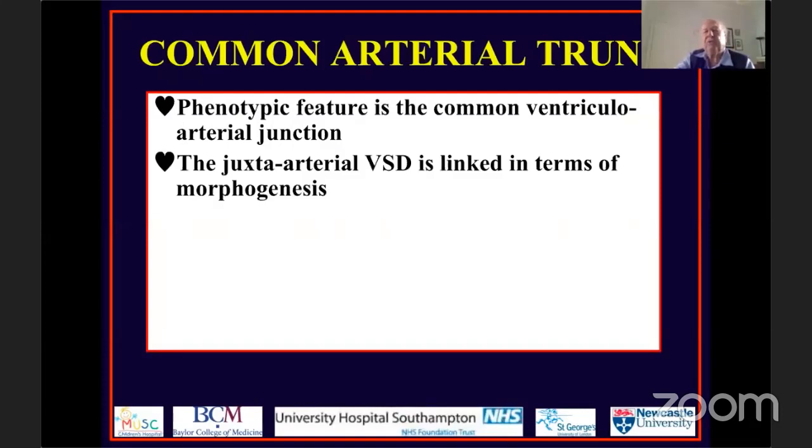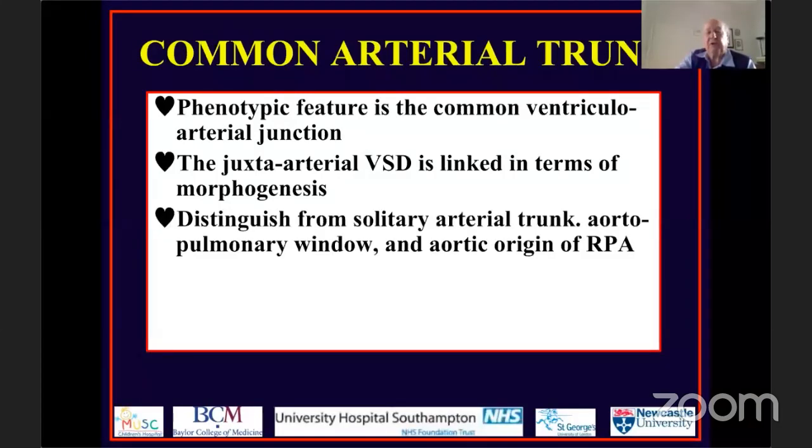I hope I've also shown you the juxta-arterial isolated ventricular septal defect is closely linked to the common trunk in terms of morphogenesis, because the juxta-arterial ventricular defect is no more than the ventricular component of the ventriculo-arterial defect that we find with common ventriculo-arterial junction.